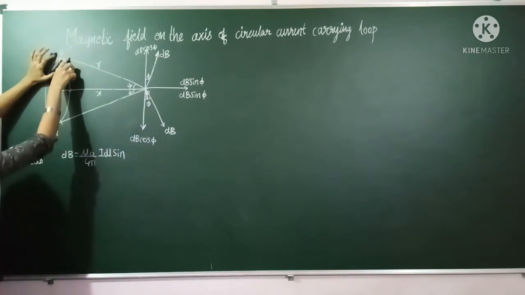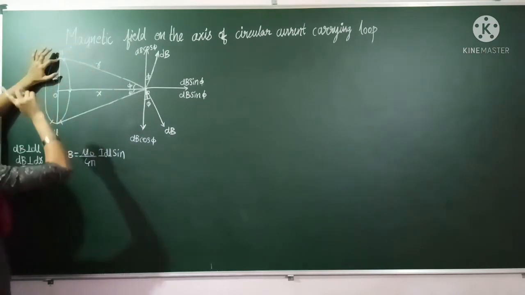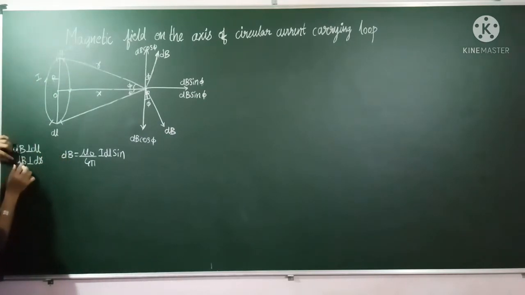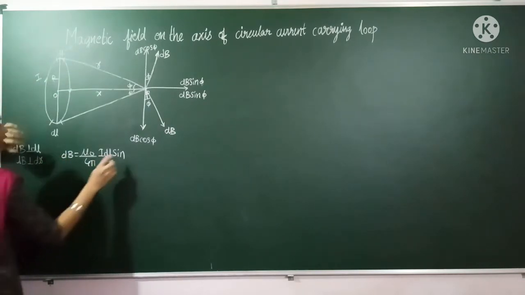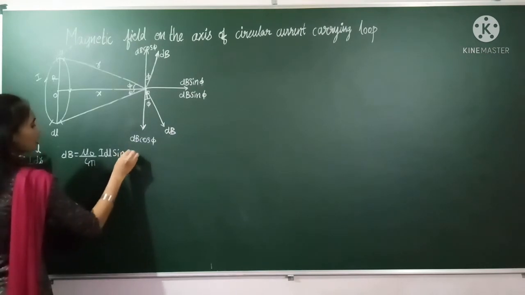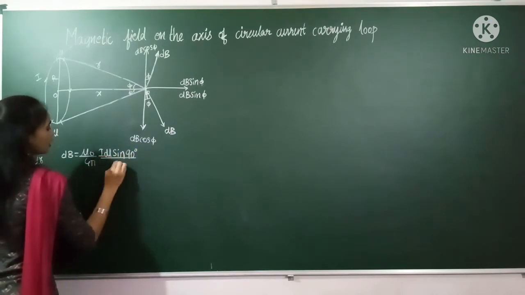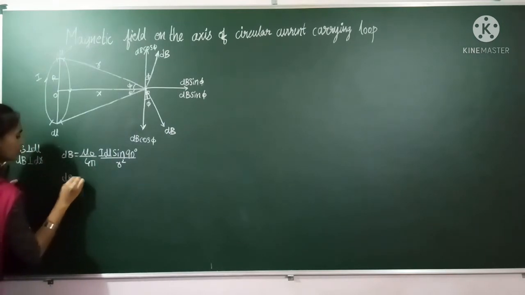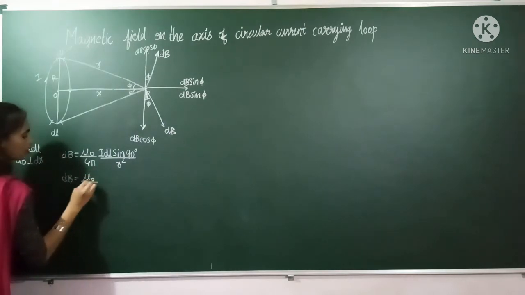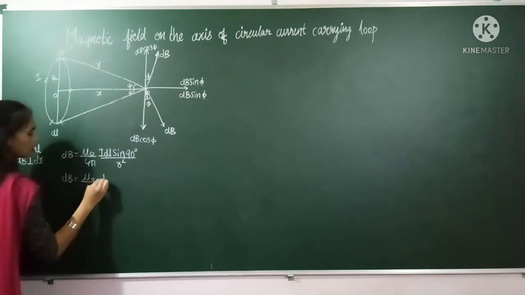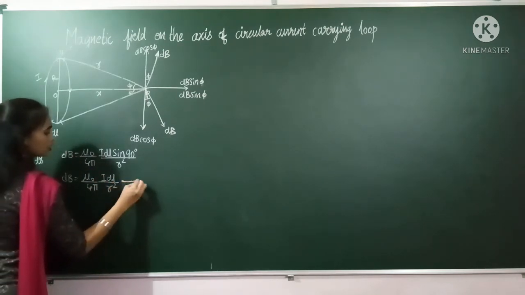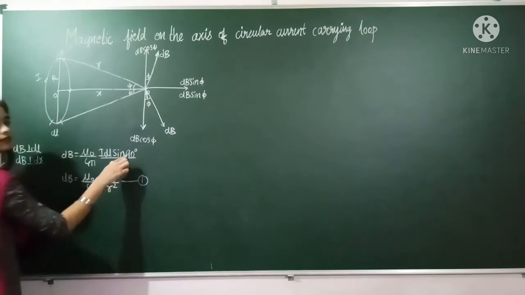Here it is not observable as 90, but when you imagine it in three dimensions it will always be 90 degrees, because dB is always perpendicular to dr. So here we take sin 90 degrees divided by r square. Now this equation can be written as dB equals mu naught divided by 4 pi, I into dl divided by r square. So this is our equation number 1. Sin 90 value is 1.